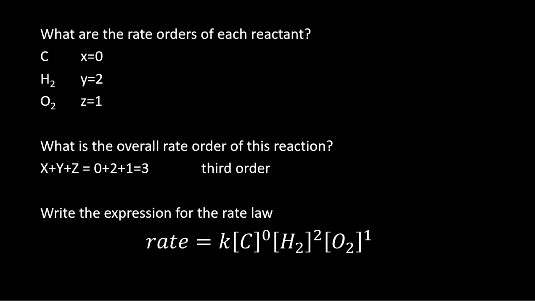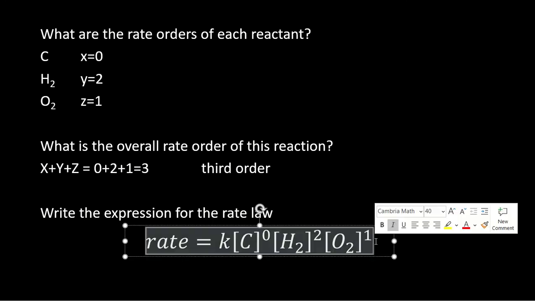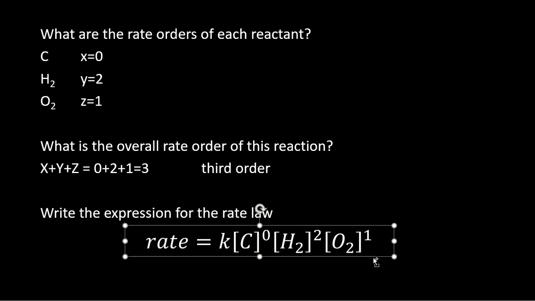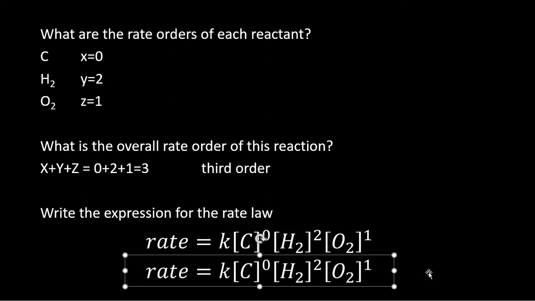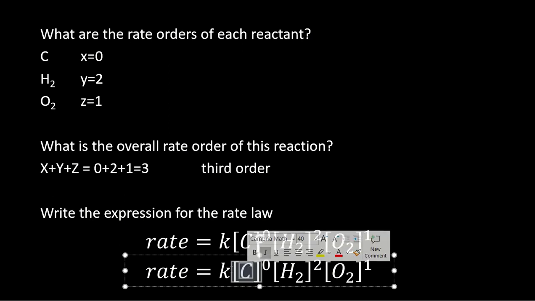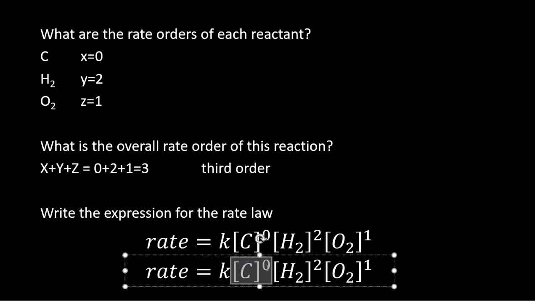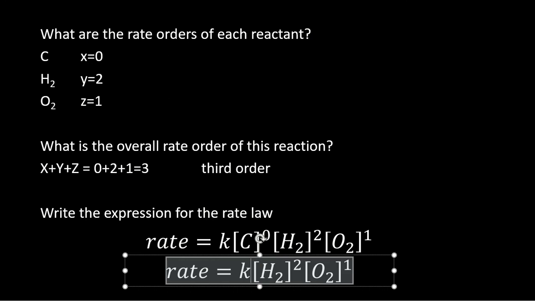Now, this is one valid way to write the expression of the rate law. You can also write it this way, where since anything raised to the 0th power becomes 1, we can effectively say that concentration is not actually a factor in the rate.